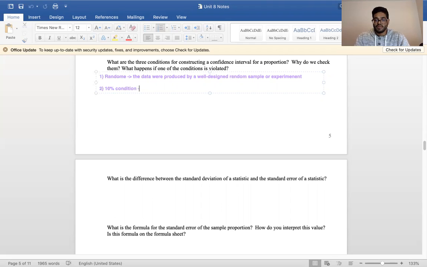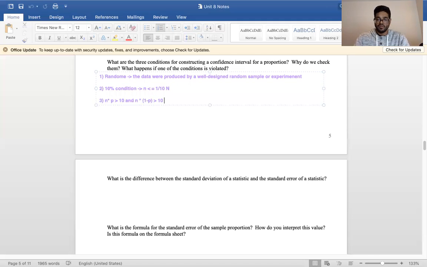This can be one of the hardest things about this class, just remembering what conditions to check when. So N has to be less than or equal to 1/10 big N. And then for proportion, we had to do the normality check, which is N times P has to be greater than 10, and N times 1 minus P needs to be greater than 10.